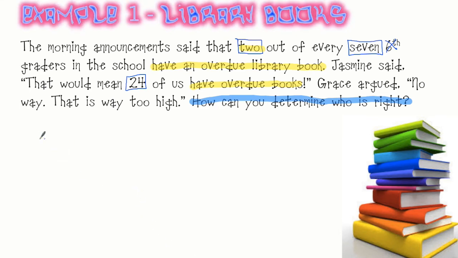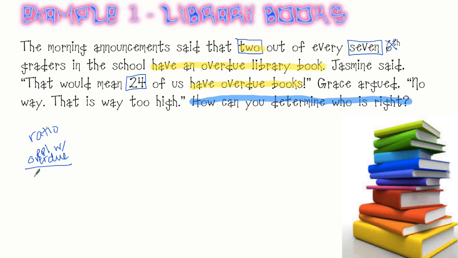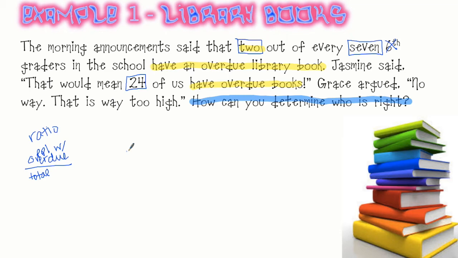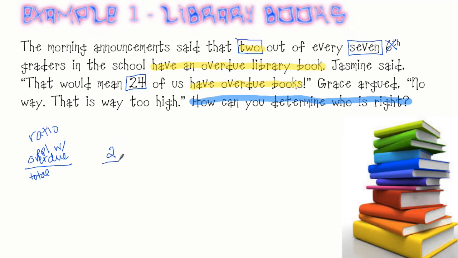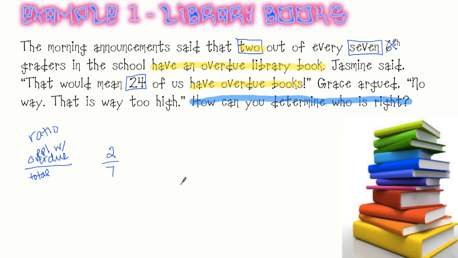So that's important because when we set up our ratio, we have overdue, and we'll say people with overdue, to total people. So in this case, there are 2 total people of every 7, and Jasmine is saying that that means that 24 have overdue library books, but what we don't know here is how many total students there are.